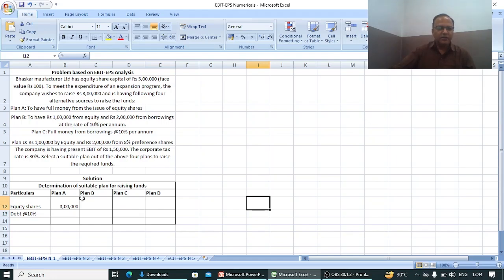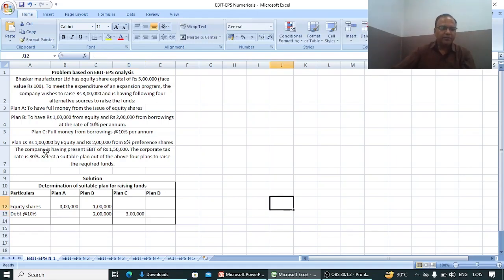And plan B, in plan B you are having 1 lakh by issue of equity and 2 lakh by debt. Now, plan C, full money from borrowing, 3 lakh from borrowing.